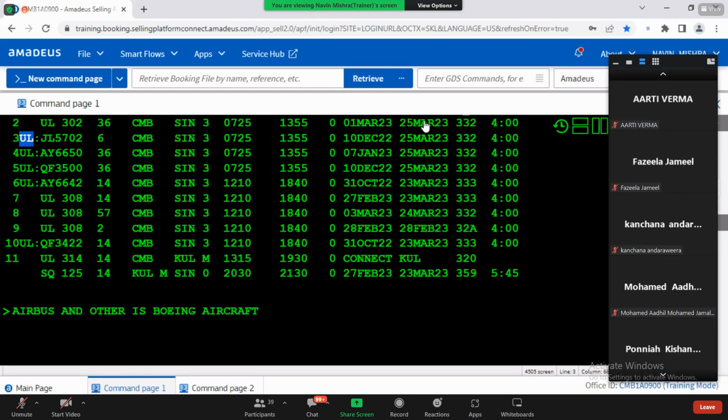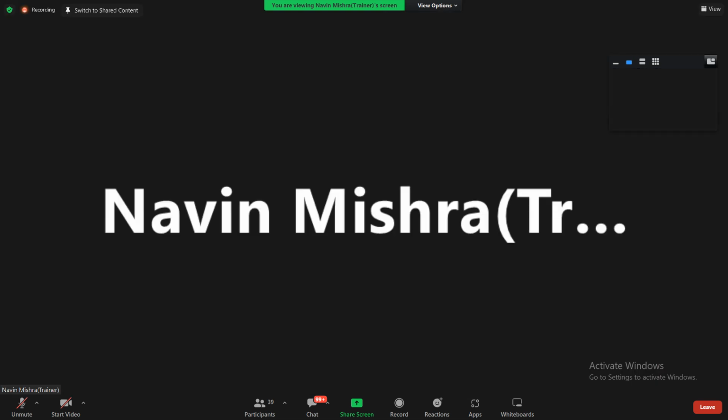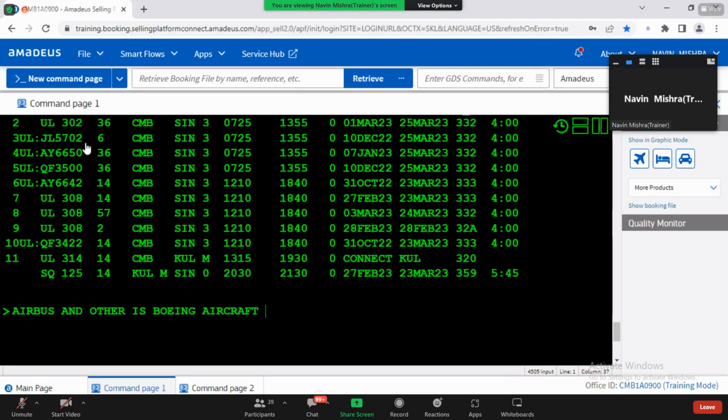The first airline is always the operational airline. Is that clear? And the second airline is always the marketing airline.